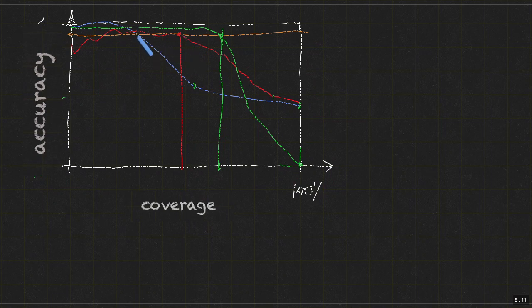It will be good. So for the blue classifier, the coverage is even lower. So if this orange line is the requirement on the quality of your classifier, then you should select blue, and you don't care that your average performance on this test set is the lowest, because it can get the highest degree of automation for your customer or your company.